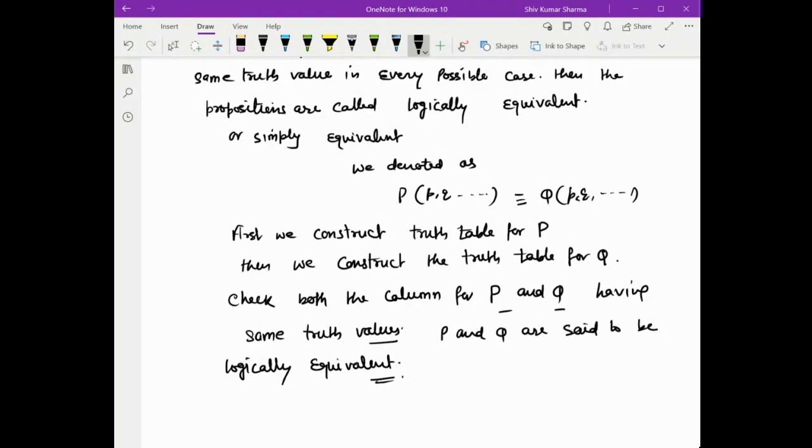So this is capital P. Similarly, for capital Q, we have two statements, and we construct the truth table, and on the basis of the truth table, we check the columns. If both columns have the same truth value, there we say that both the statements are logically equivalent. Understand?